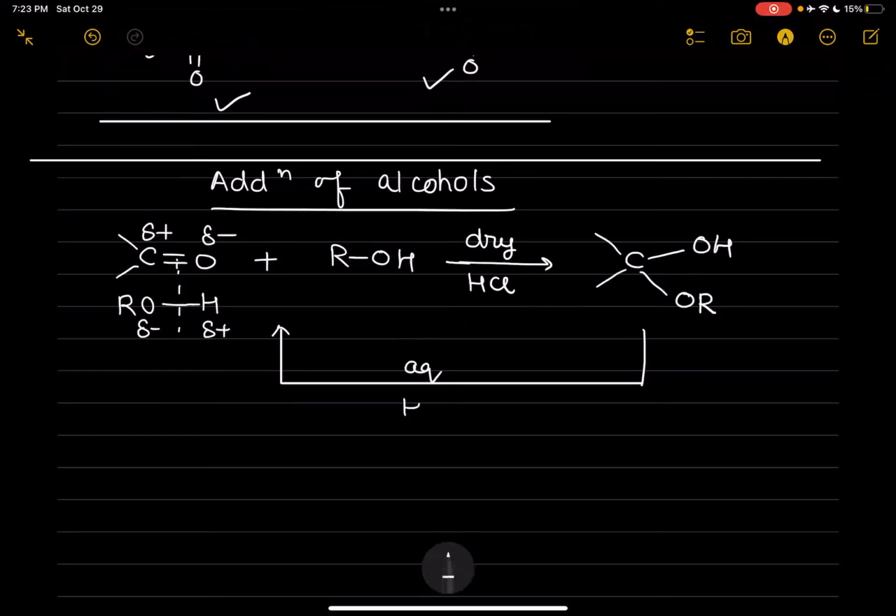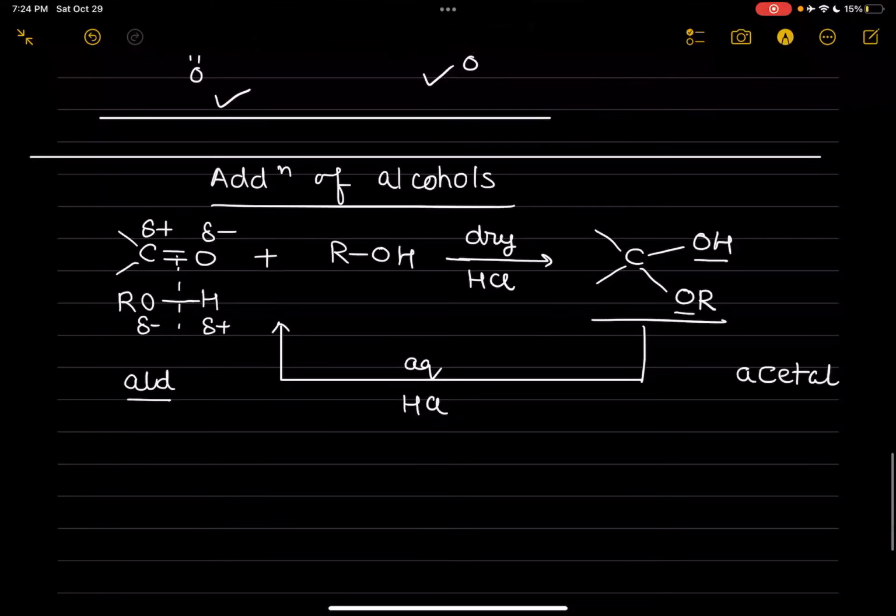So now the problem is, what's the name of this product? Suppose I will tell you the quick trick. Suppose if this is OR, OR, the product is going to be called acetal. And if there is one OH and one OR, that is hemiacetal.